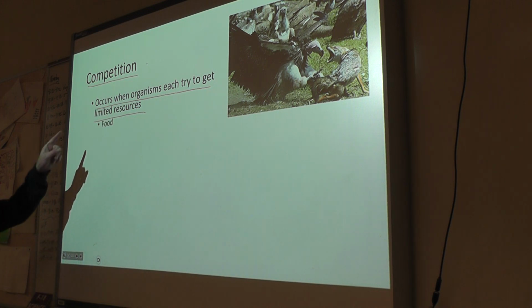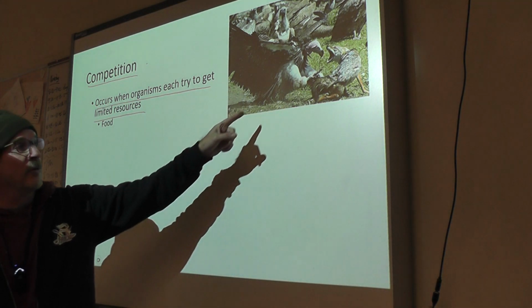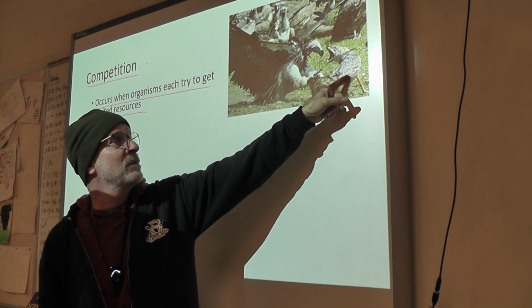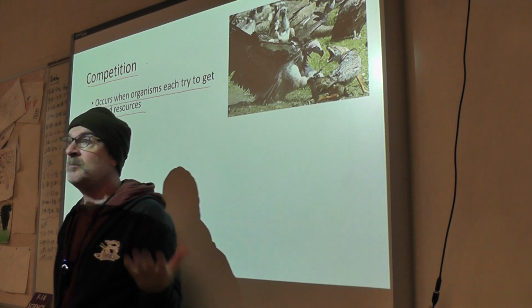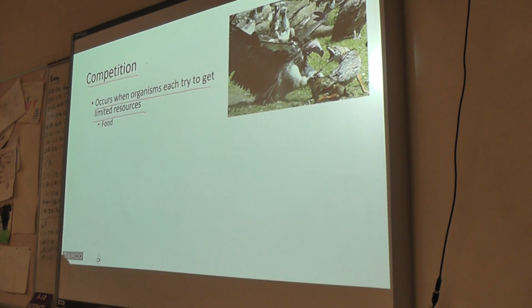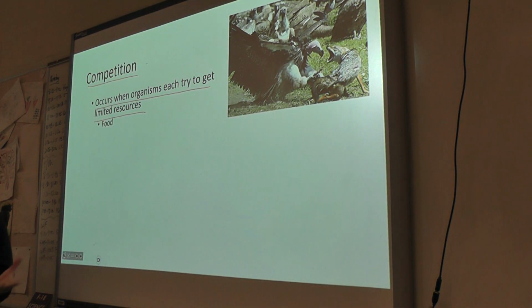Most often, the resource that we see animals squabbling over is going to be food. So we have a vulture and maybe a coyote or a hyena that are battling over some dead animal, a couple of scavengers battling over a food resource.